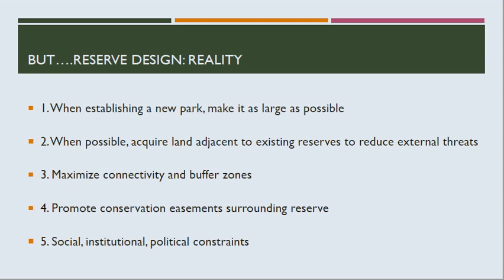Buffer zones, again, that's number 4. Promote conservation easements surrounding the reserve. Try and get the human owners of those surrounding areas to buy into some sort of conservation easement. And you need to deal with social, institutional, political constraints.